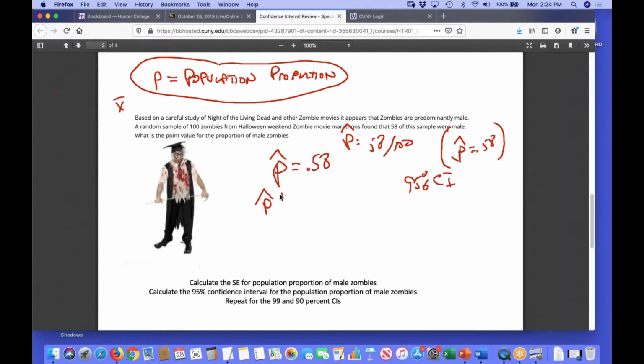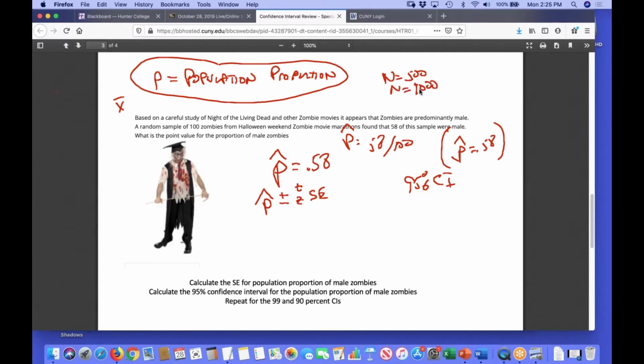P cap plus or minus a value, which could either be T or Z, depending on whether we know the population standard deviation and the sample size, times our standard error. I'm going to make things simple for you, because when we do this kind of survey, we're usually dealing with large samples, 100, 1,000, and so on.